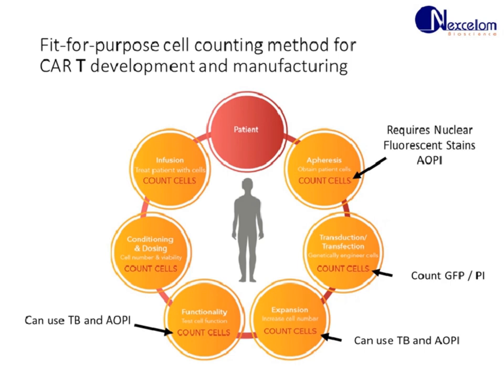For functionality testing, you would need a baseline of the cell count, so again, using Trypan blue and AOPI would be possible. Same for conditioning and dosing, using Trypan blue and AOPI is good. And finally, when infusing back into the patient, you can still use Trypan blue and AOPI since most of the cells are very clean at that point.